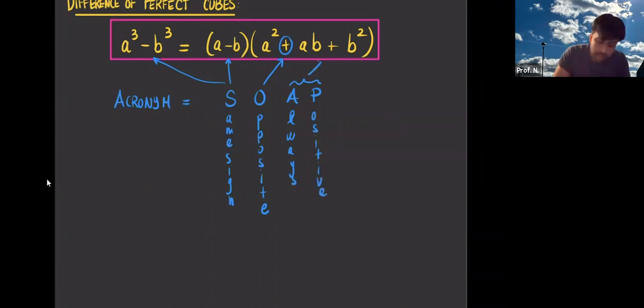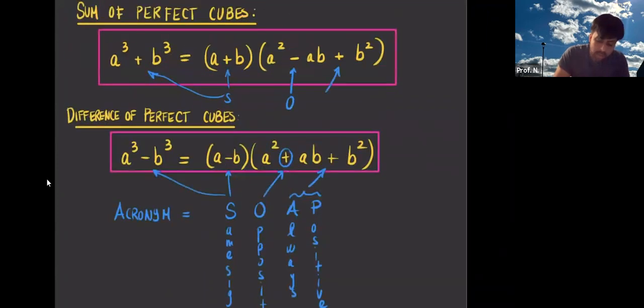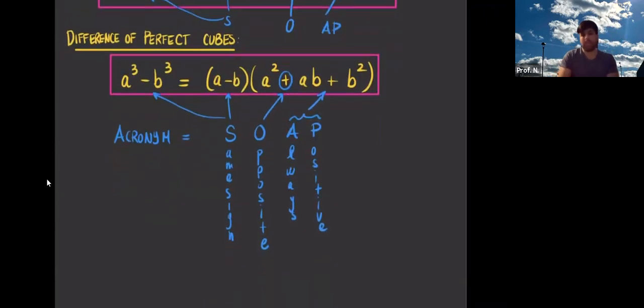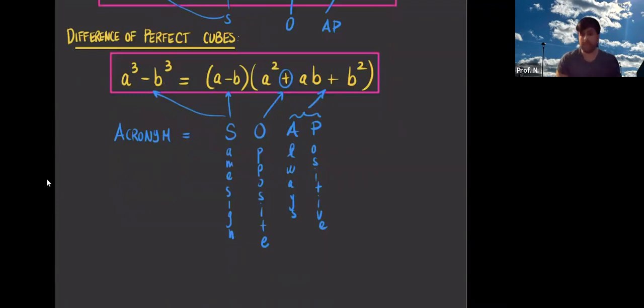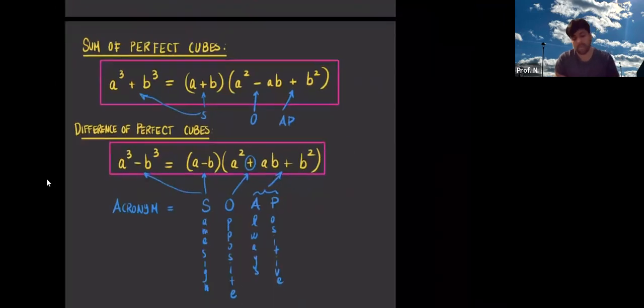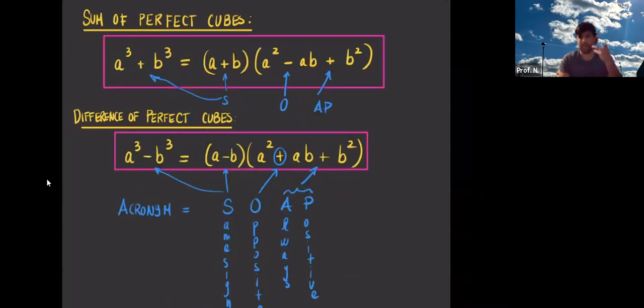That means the last term is always positive. So that's the acronym SOAP: same sign, opposite, always positive. That's one way to help remember this formula. Again, the sum and difference of two perfect cubes have the same terms, it's just that the signs are interchanged.